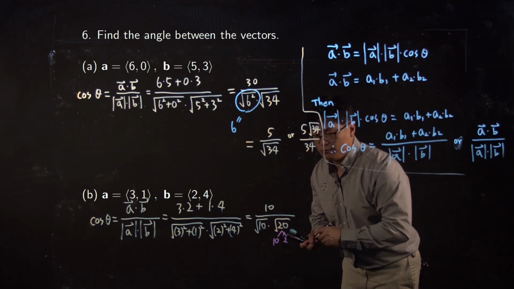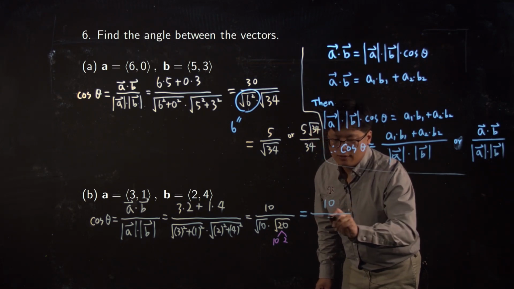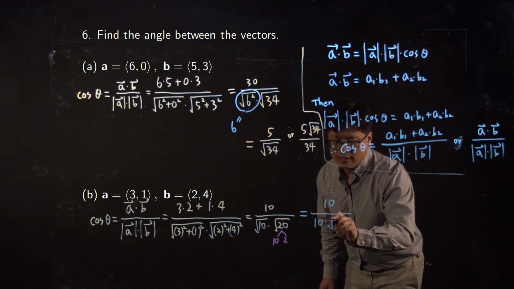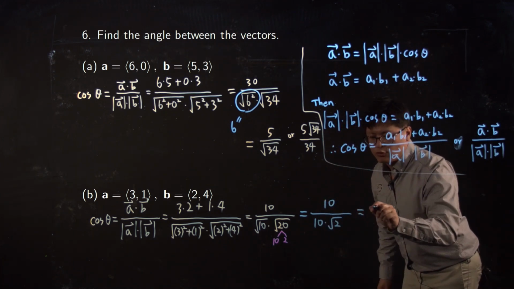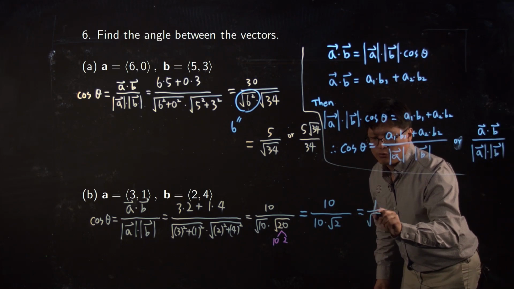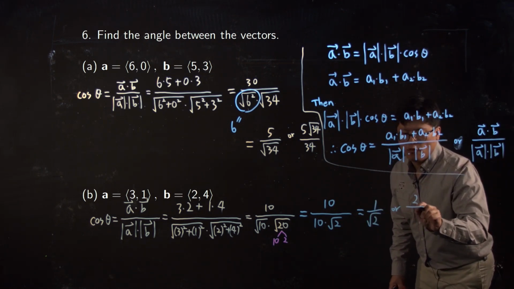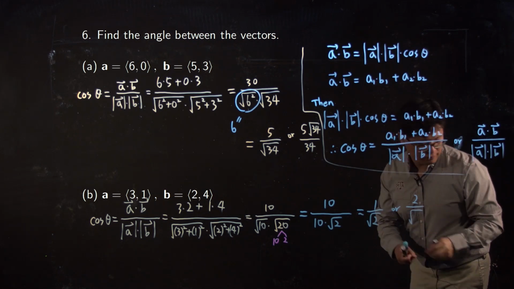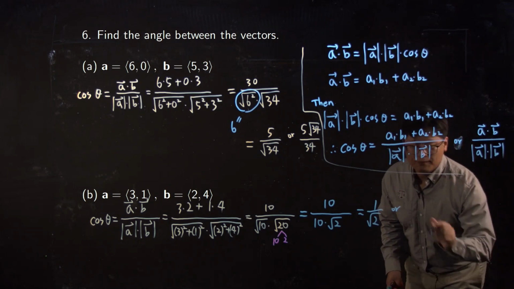Then that is equal to 10 over, sorry for keep switching my pen color, and then we can cancel out. It is equal to 1 over square root of 2. Or we can say square root of 2 over 2, right?